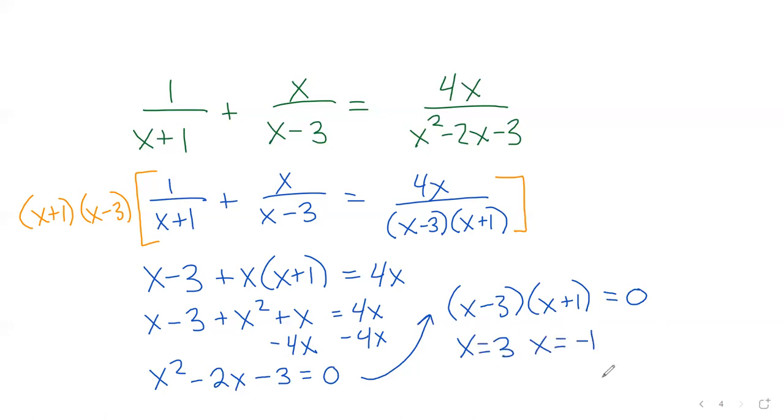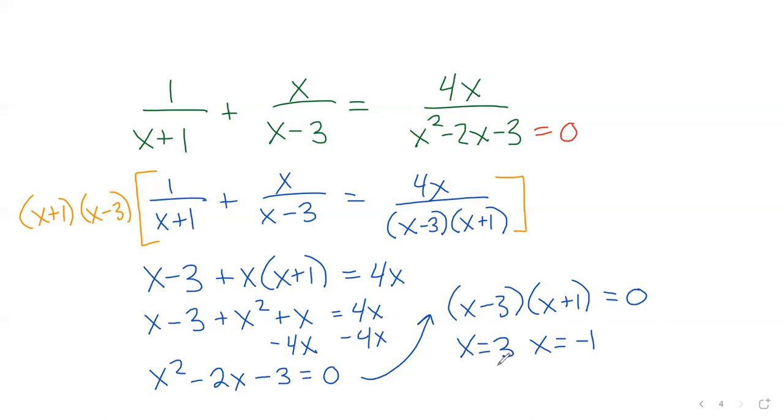Here are the two answers that we get. But if we think back here, well, if we set this equal to 0 to find our values that are disallowed, because we can't have division by 0, well, these are the two things that we're going to get. x equals 3 and x equals -1.